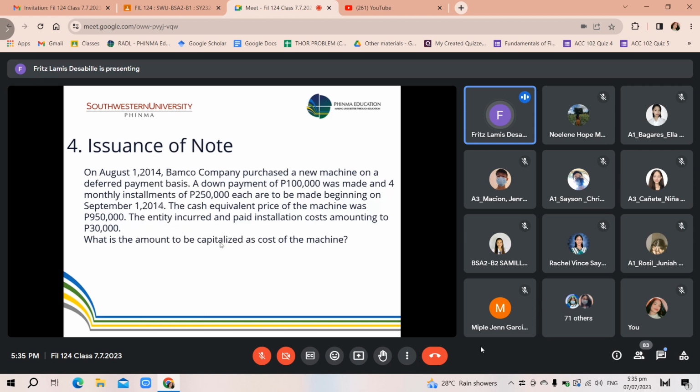So 4 monthly installments of 250,000 each. So 250,000 times 4, that's a 1 million note. That's 1 million plus 100,000 of down payment. So for the 1 million note that we issued, and our down payment is 100,000.